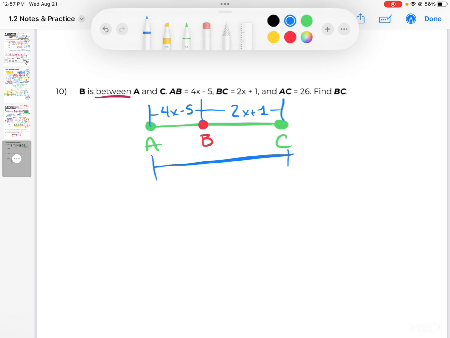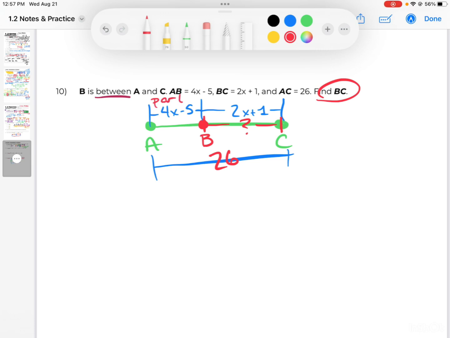And I know that this whole thing, A to C, equals 26. So that actually gave me a lot of information. It wants me to ultimately find B to C. This right here. That's ultimately what I'm looking for, is that length. So there's a couple of ways I can approach this.